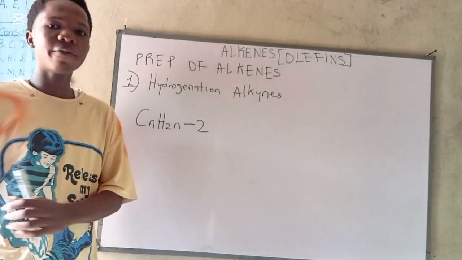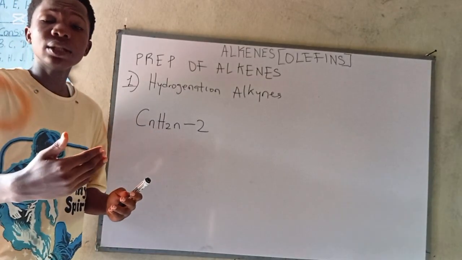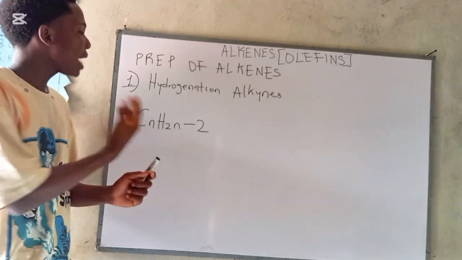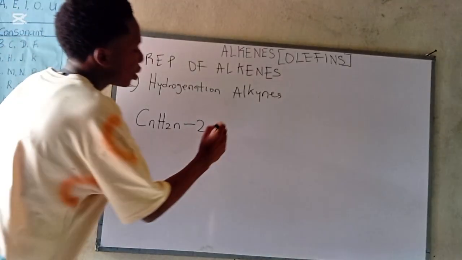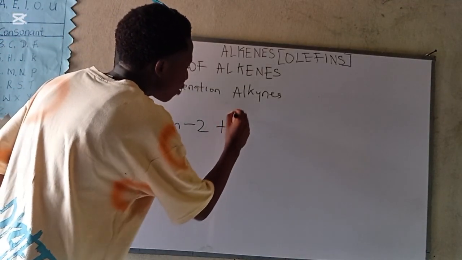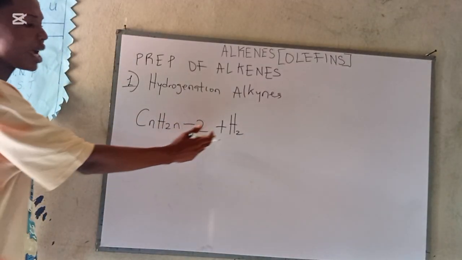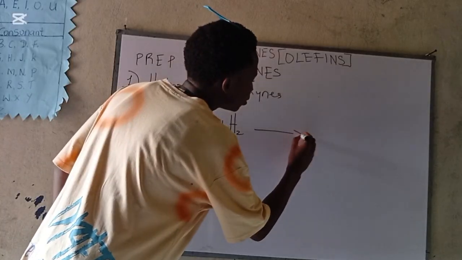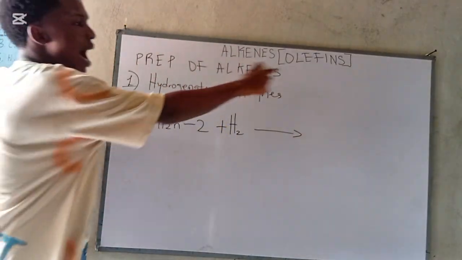Hydrogenation, as I explained in our former class, is the addition of hydrogen molecule. I didn't say atom. Atom is one hydrogen. But adding 2 hydrogen is a hydrogen molecule. It's written like this. So now, the general formula of this equation will be CnH2n minus 2 plus hydrogen molecule, to give us, don't forget, the corresponding alkene.